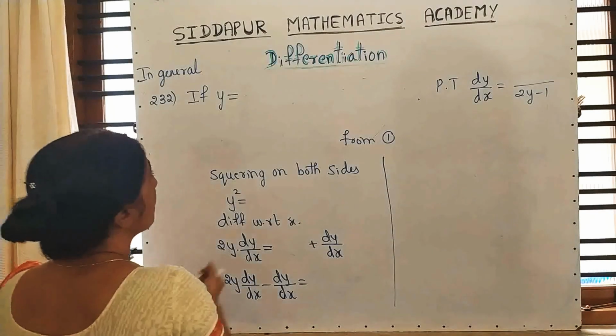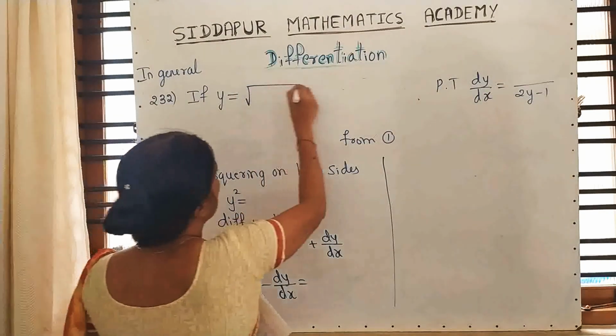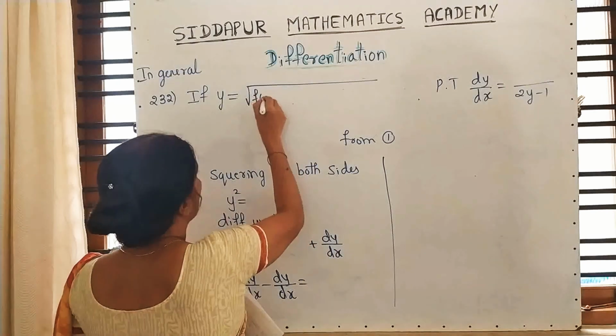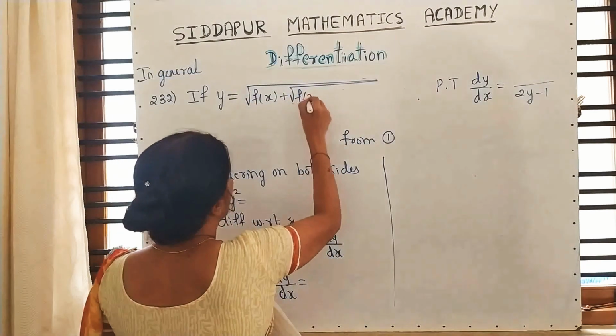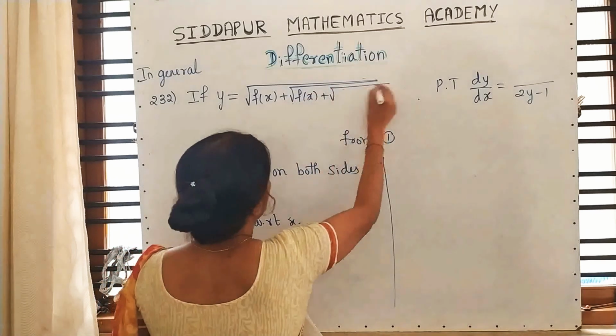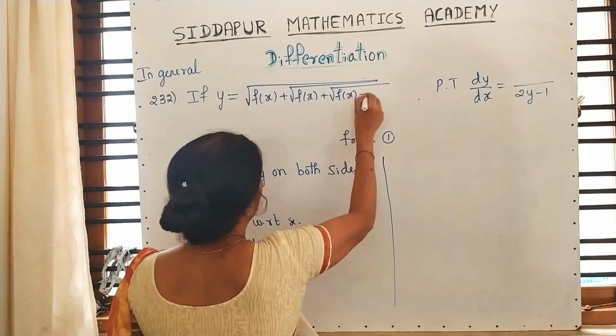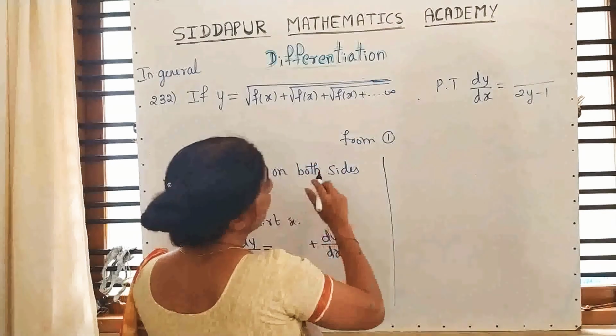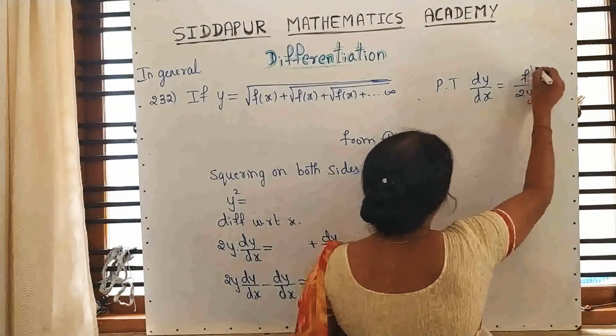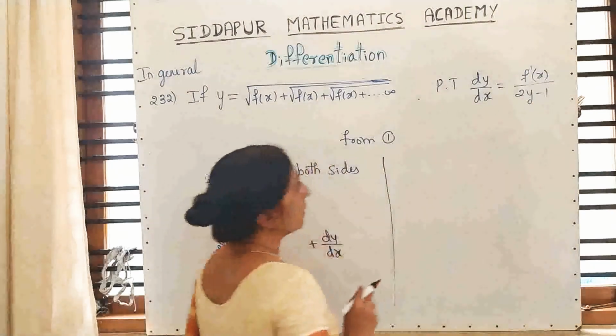So in general means if the problem is like y is equal to root of f of x plus root f of x plus root f of x plus up to infinity, see, and the answer is, prove that it is f dash of x upon 2y minus 1.